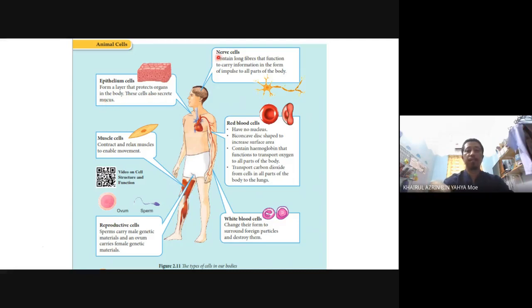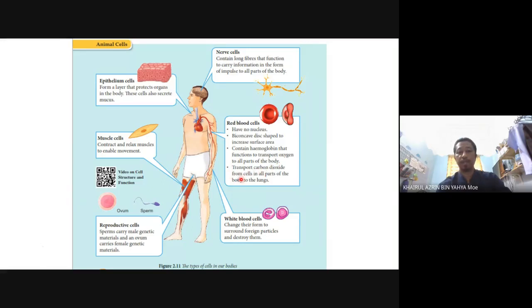Okay, nerve cells contain long fibers that function to carry information in the form of impulse to all parts of the body. And then we have red blood cells, cell darah merah, have no nucleus. Biconcave disc shaped to increase surface area. Contain hemoglobin that functions to transport oxygen to all parts of the body.